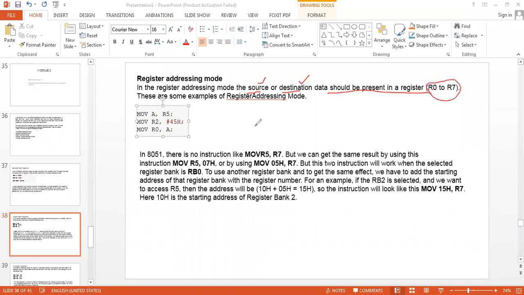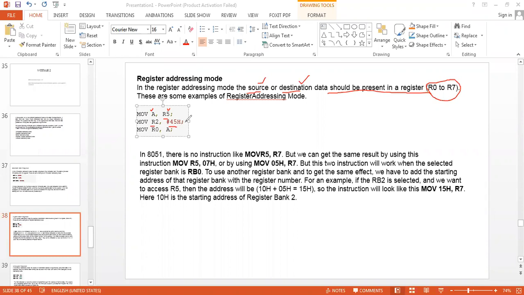Say, for an example, the source is the A register, but the destination is from R0 to R7, R5 it is there. If the source is some other register, the destination should be R0 to R7 only. If the destination is R2 but the source is one immediate value, this is also immediate addressing mode, as well as register addressing mode.